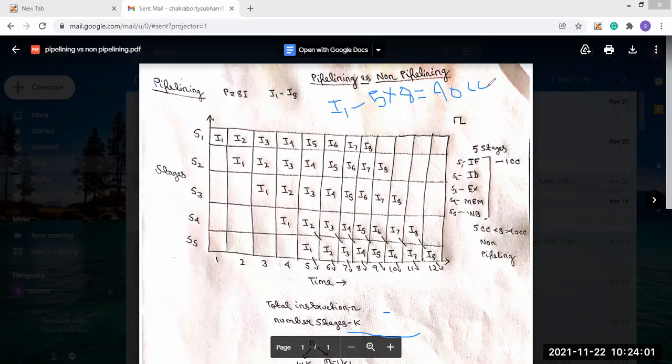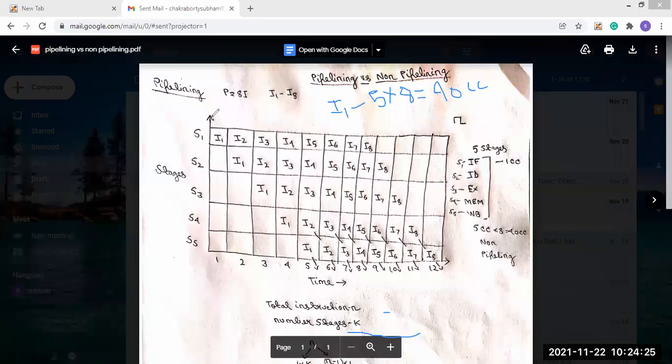But we want this total program to be executed in fewer clock cycles. Pipelining architecture gives that opportunity.